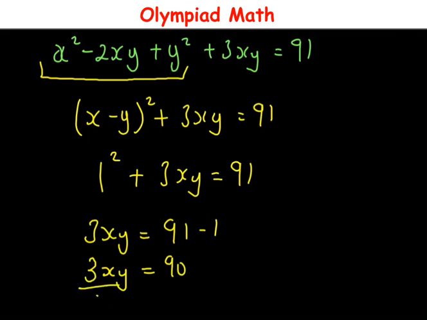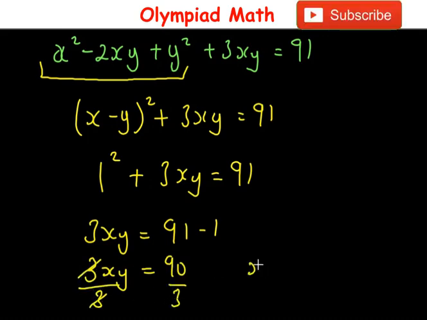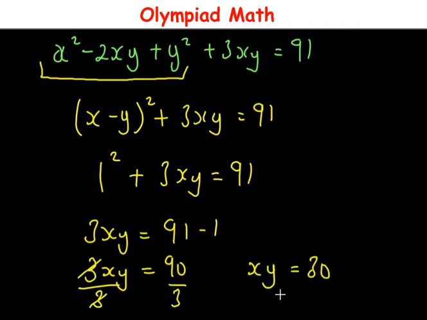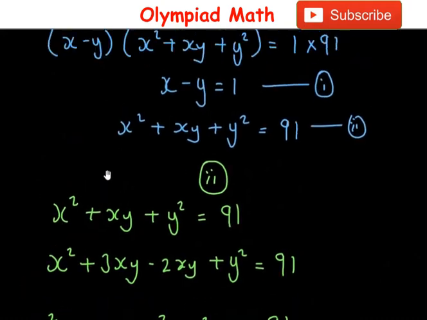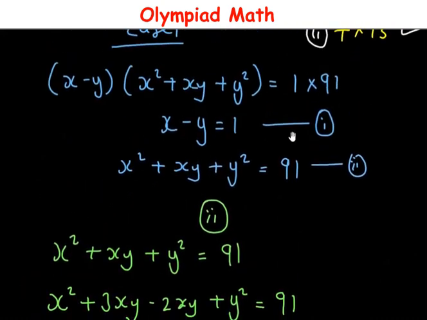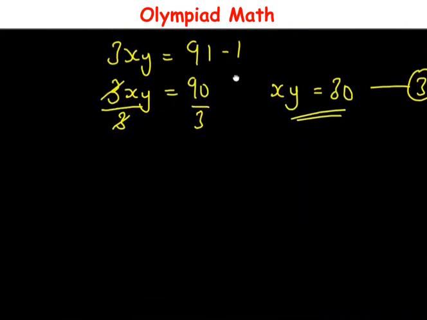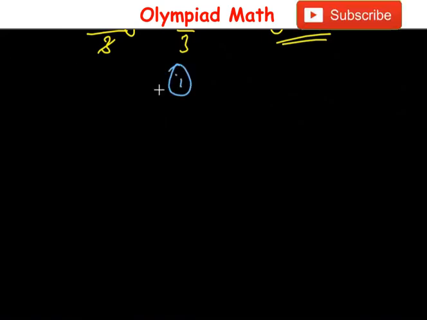Then divide both sides by 3. We have xy equal to 90 over 3, which is 30. And with this, we have equation 3. Also recall from equation 1 that x minus y equals 1. That's equation 1 right here.